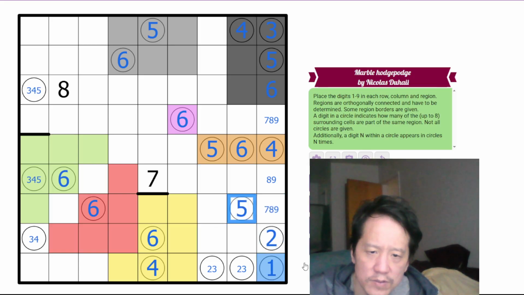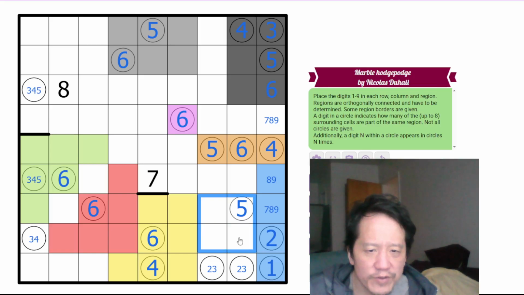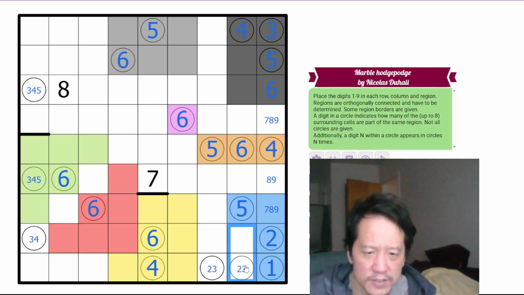But say it went this way? Is that possible? This would be 5, so this would block off this. So, no. If this goes this way, it has to include that. So it has to go this way then. This is its own separate region.